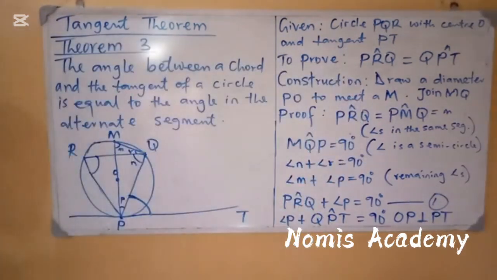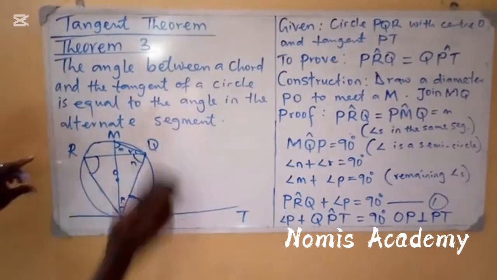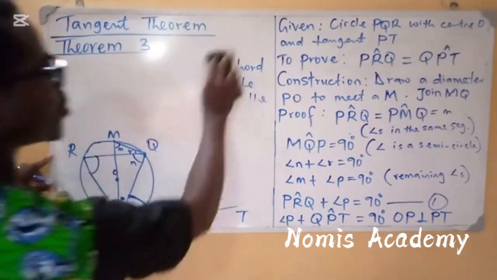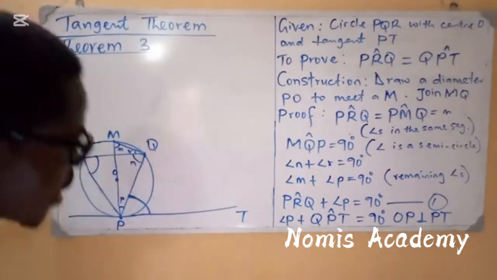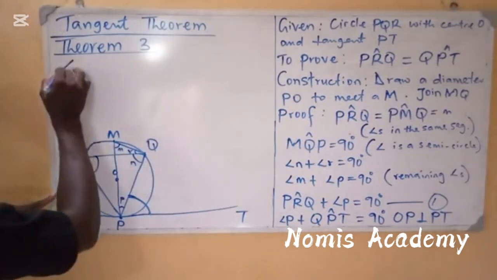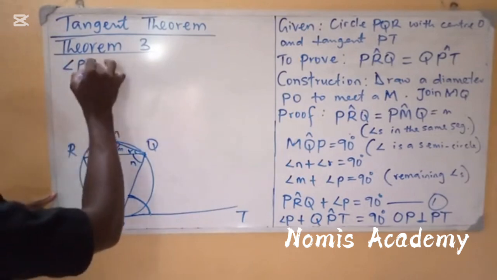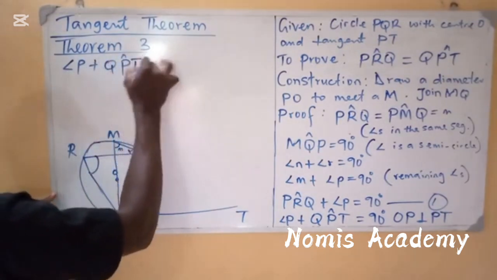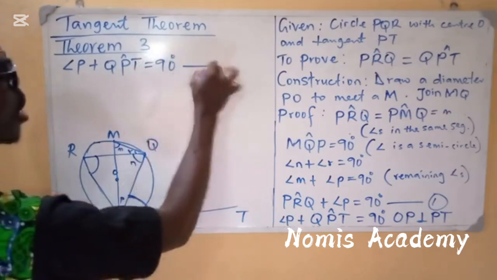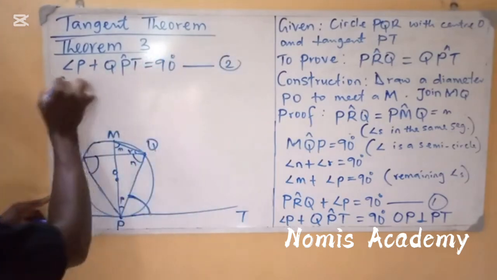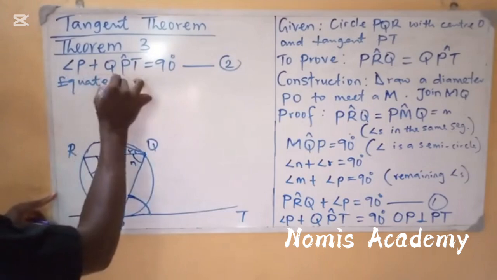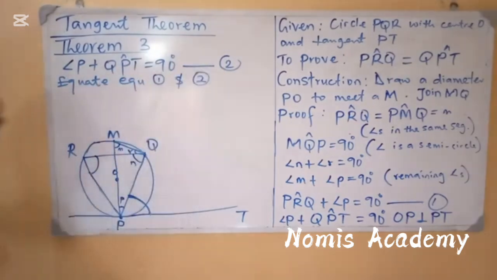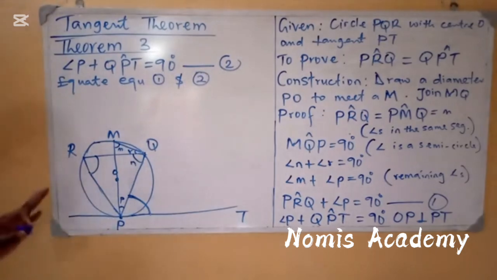Okay, so that's the reason behind that. So I can now take it as equation 2. So I can say angle at P plus QPT is 90 degrees, equation 2. So equate equation 1 and 2.